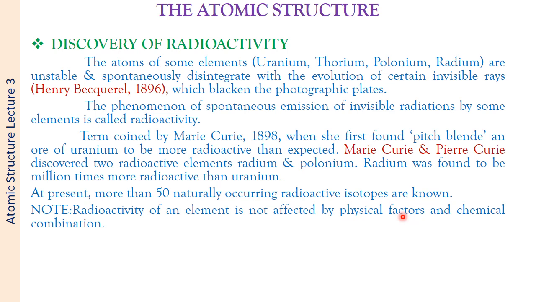We do not require a high temperature or a pressure to cause radioactivity. It is a natural phenomenon, and it is not even affected by chemical combination. So the radioactive element is going to exhibit radioactivity even in the free elemental form as well as in the compound form.